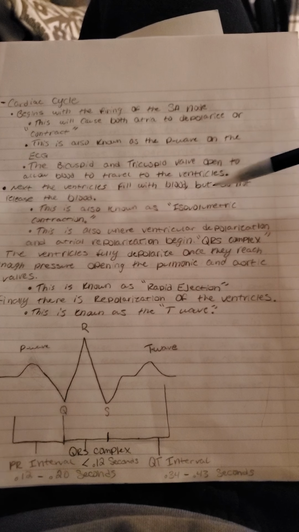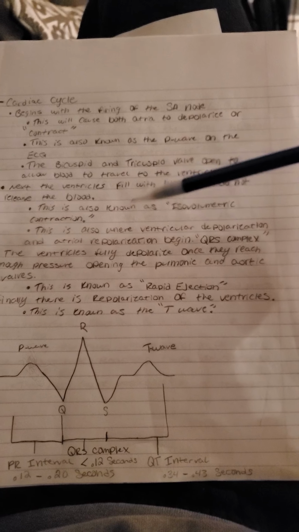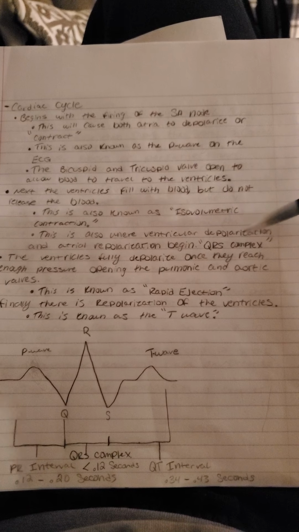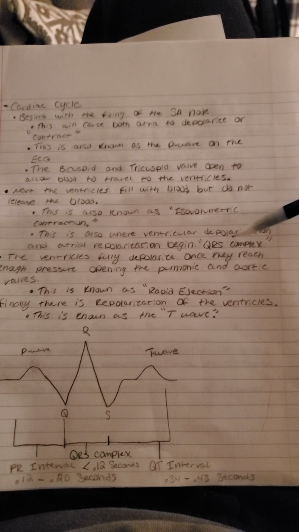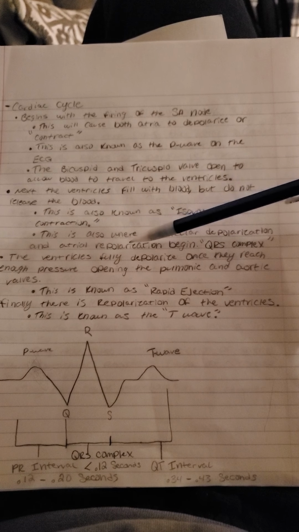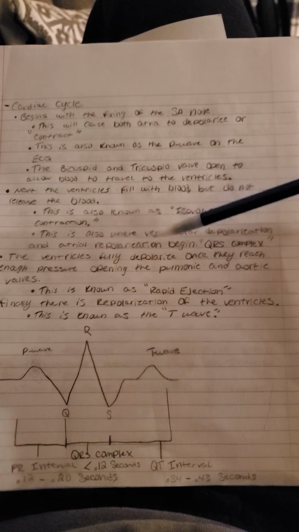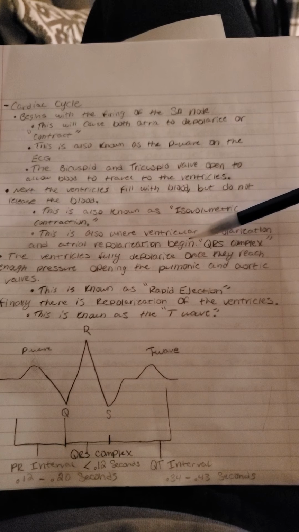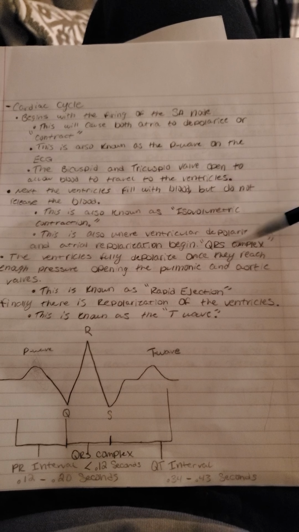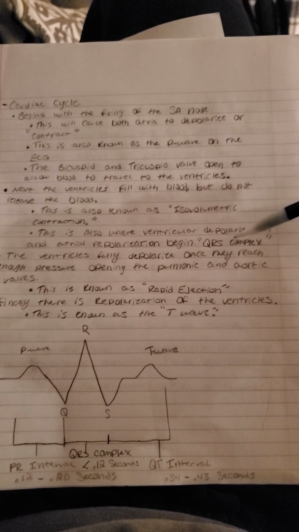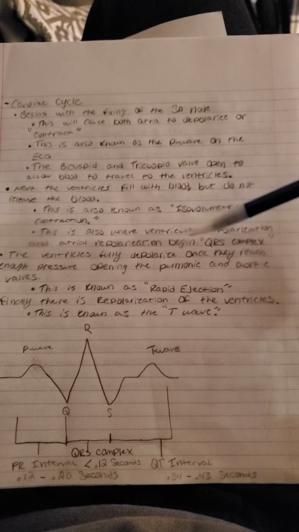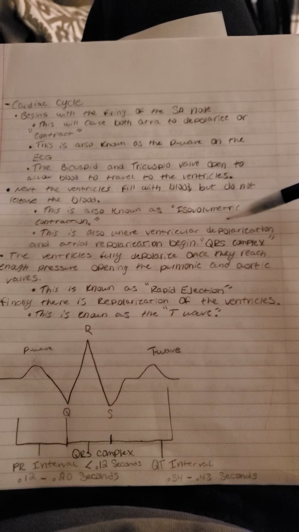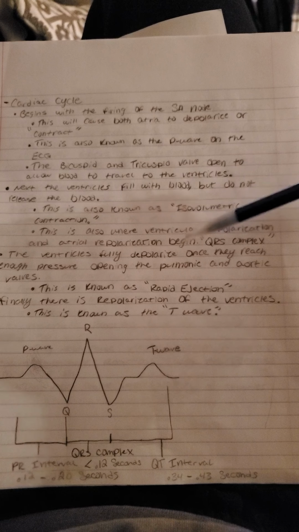I'm not sure if we'll need to know that term, but it's good to understand that this is where ventricular depolarization, so remember, ventricular contraction, and atrial repolarization, so atrial relaxation, begins. It's not the complete process, but it is where it begins, and that's your QRS complex. Your QRS complex is the depolarization of the ventricles and the repolarization of the atria coming all the way through the full cycle. But this is where it begins.